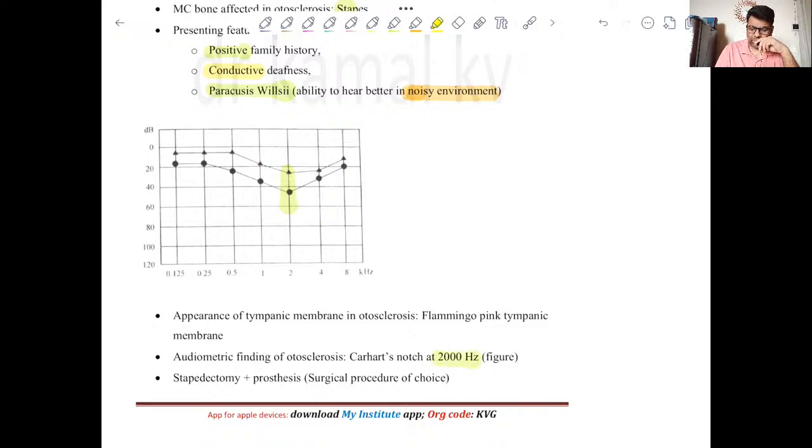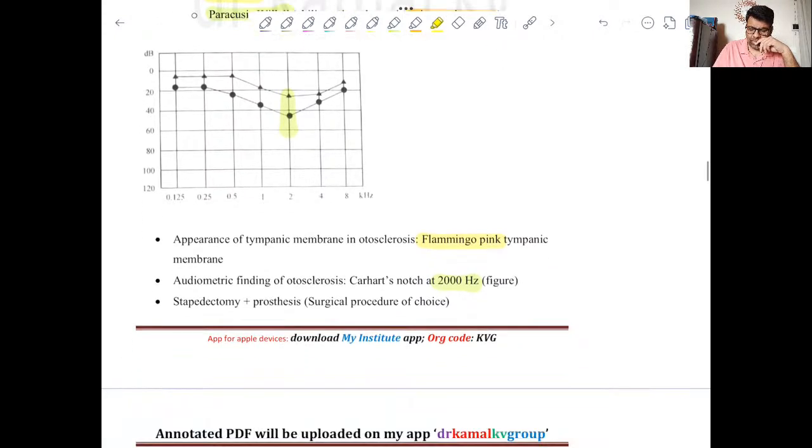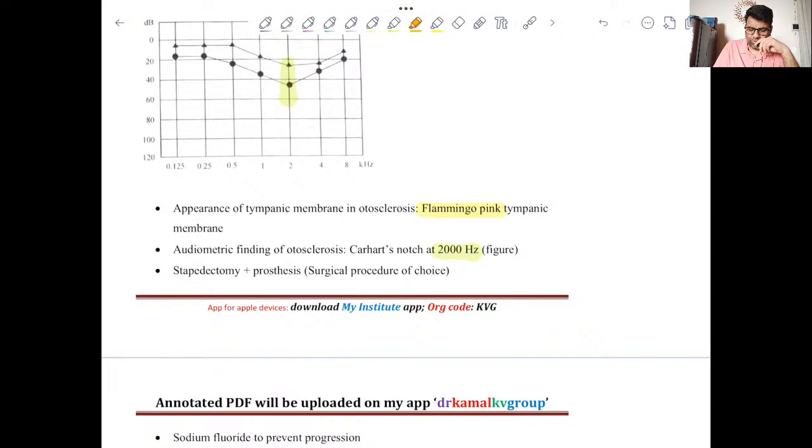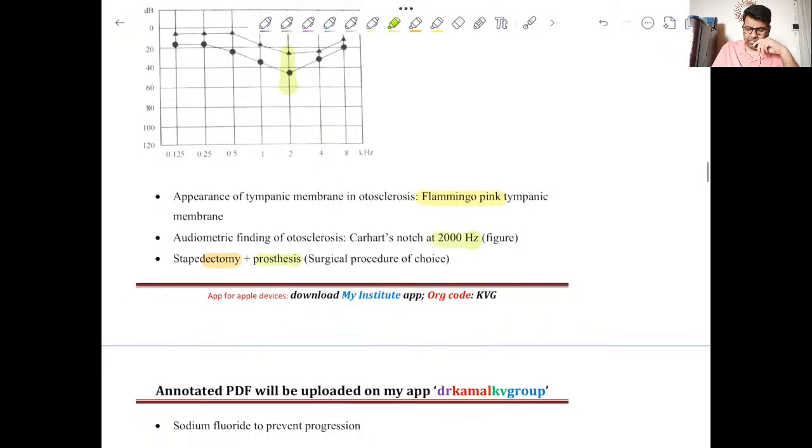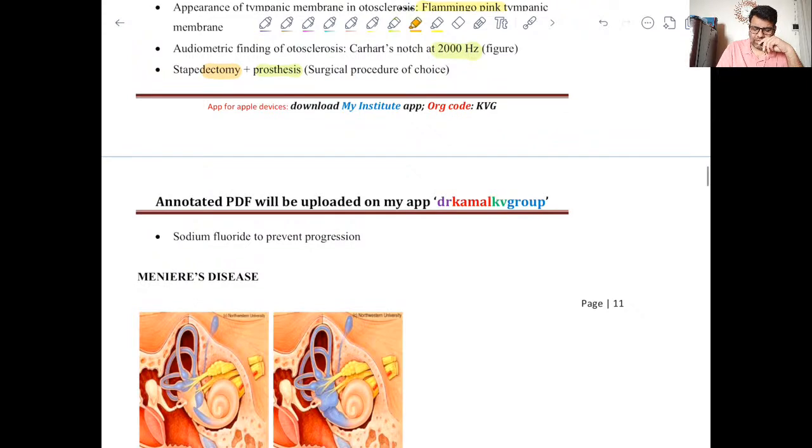And then especially in the active phase of the disease, we can see a flamingo pink tympanic membrane. Treatment wise, we need to remove the stapes and put a prosthesis. So stapedectomy plus prosthesis. And sometimes we can try sodium fluoride to retard the progression of the disease.